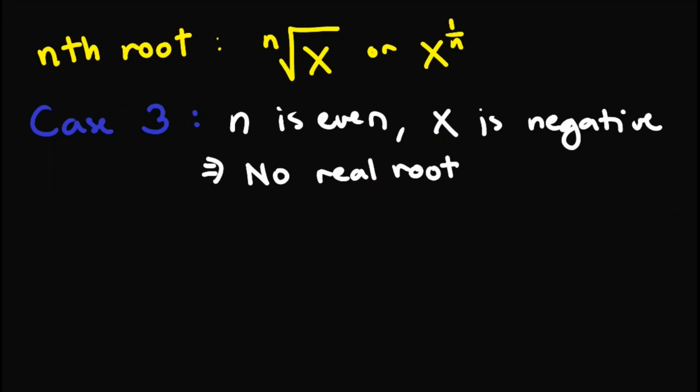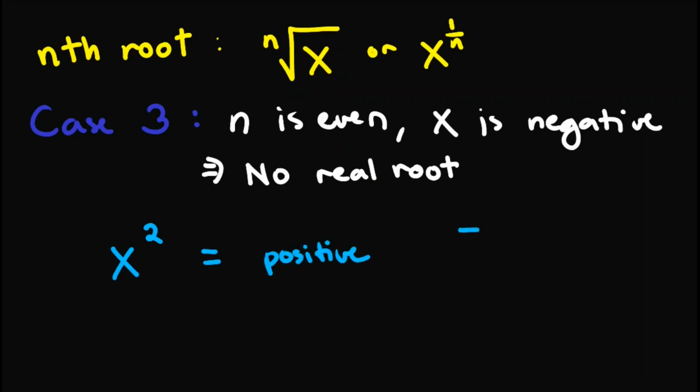Indeed, if n is even, say 2, and we raise x to n, no matter what happens, the outcome is always positive.